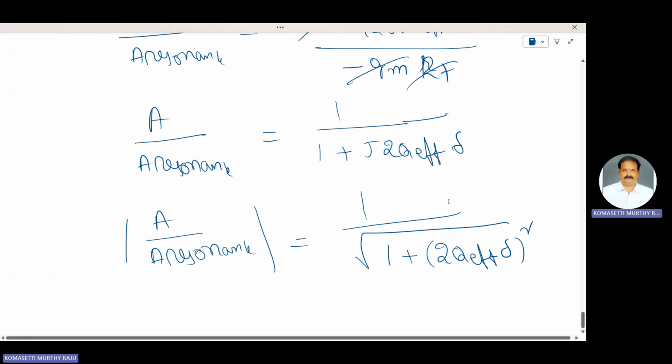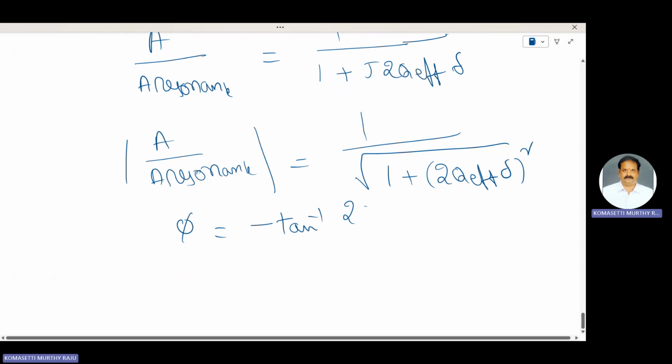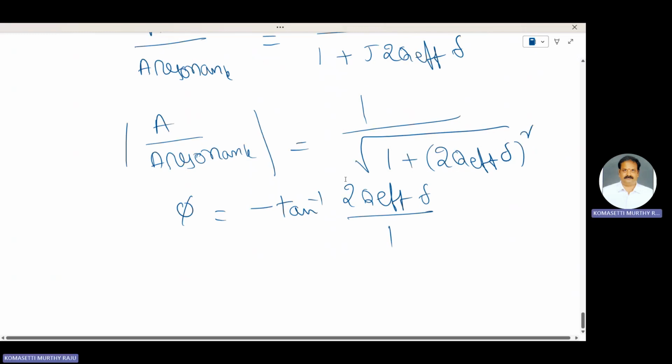The phase angle of that one is minus tan inverse of 2 Q effective delta by 1. This is the phase.